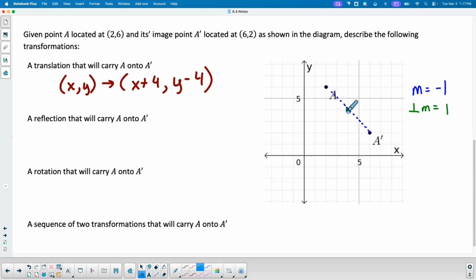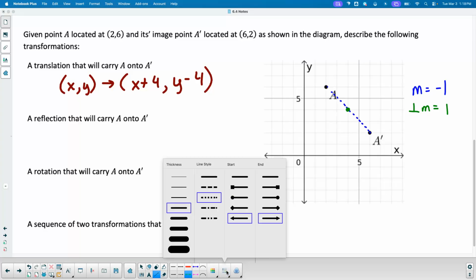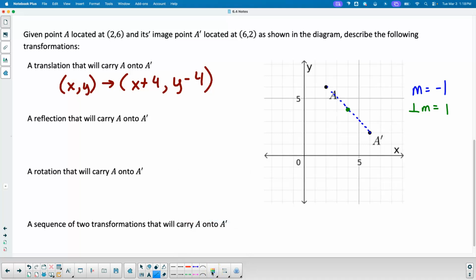So I have to go through that point with a slope of +1. Missed it a little bit.